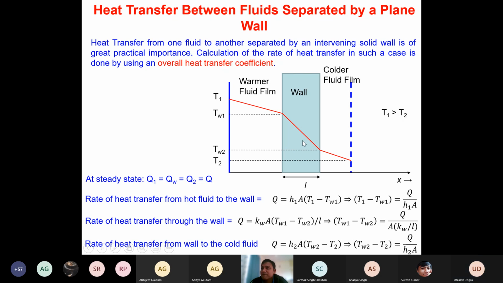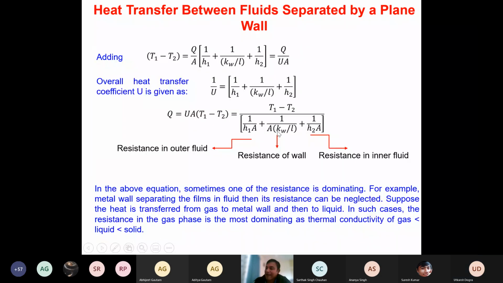Do you all agree? Does it make sense? Yes, sir. That means we can neglect the second resistance, the resistance by the wall, in some cases whenever we are using a metal wall. So 1 by U can be approximated as 1 by h1 plus 1 by h2. Yes or no? Yes, sir.